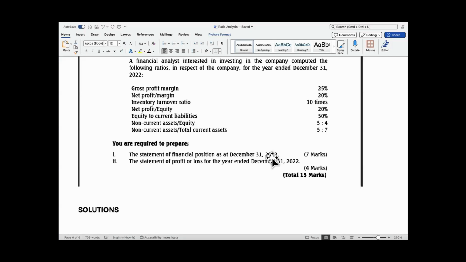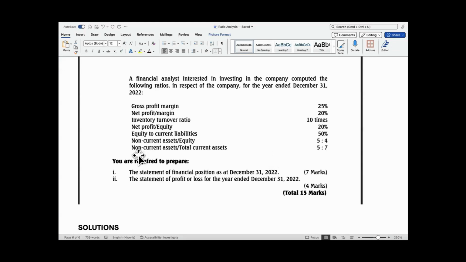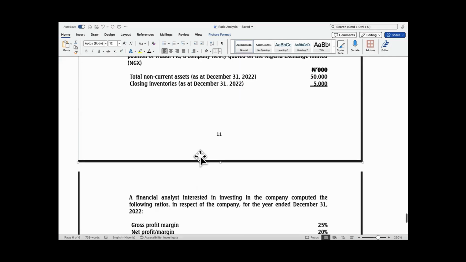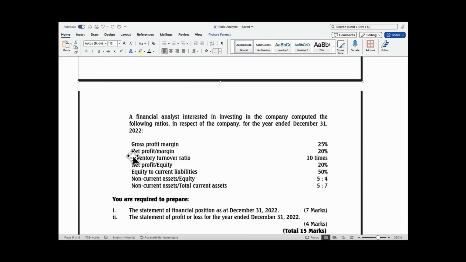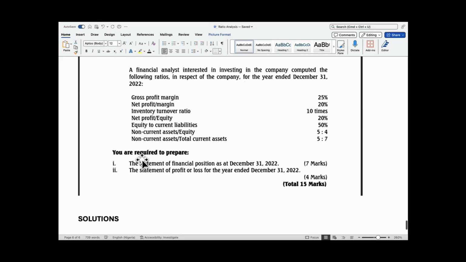Given that information, how can I use it to get the relevant figures that I need? The first one I can see is gross profit margin. No, it cannot help. Net profit margin, no. Inventory turnover ratio of 10 times, this one can help if I use the closing inventory.